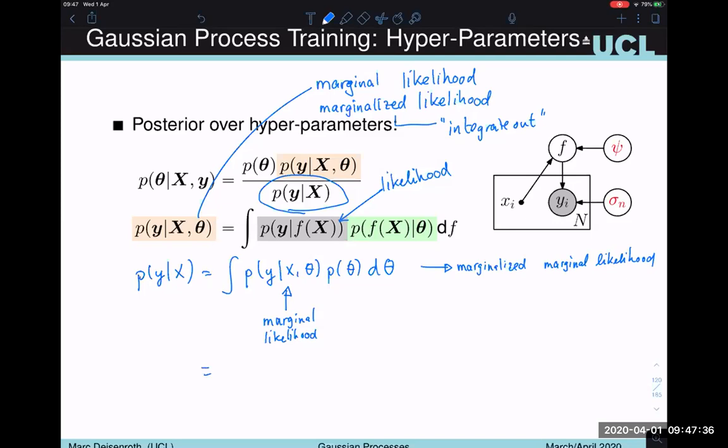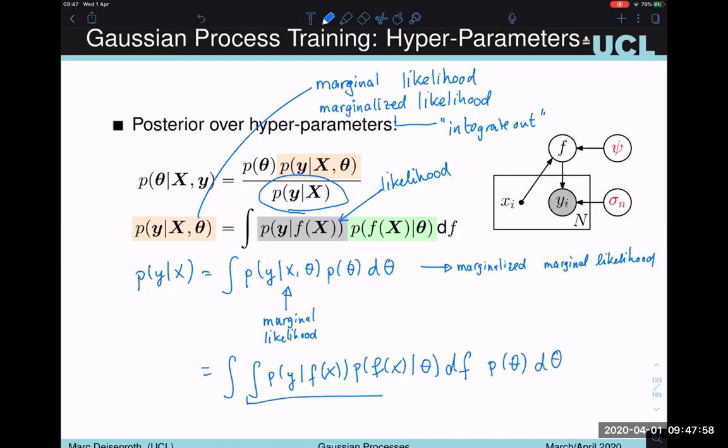We can maybe spell this out more explicitly. That term here is the marginal likelihood, and then we have this additional integral that sits on top. The marginal likelihood is also called the evidence.